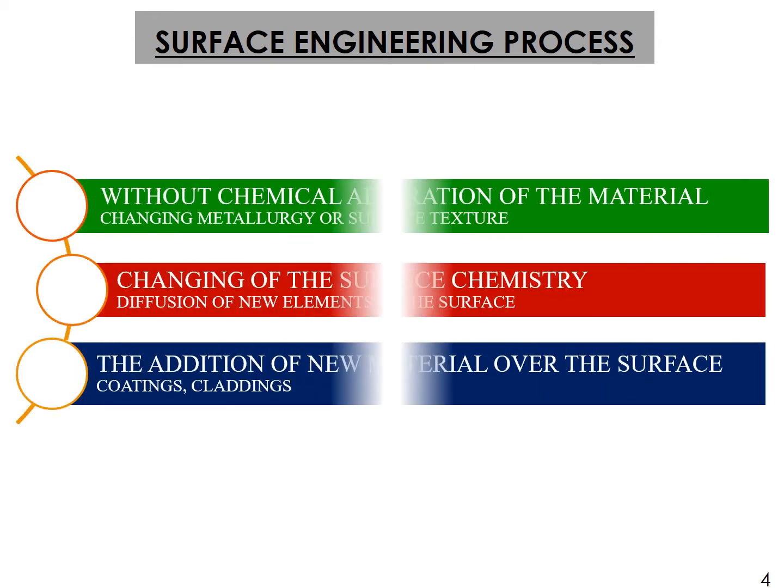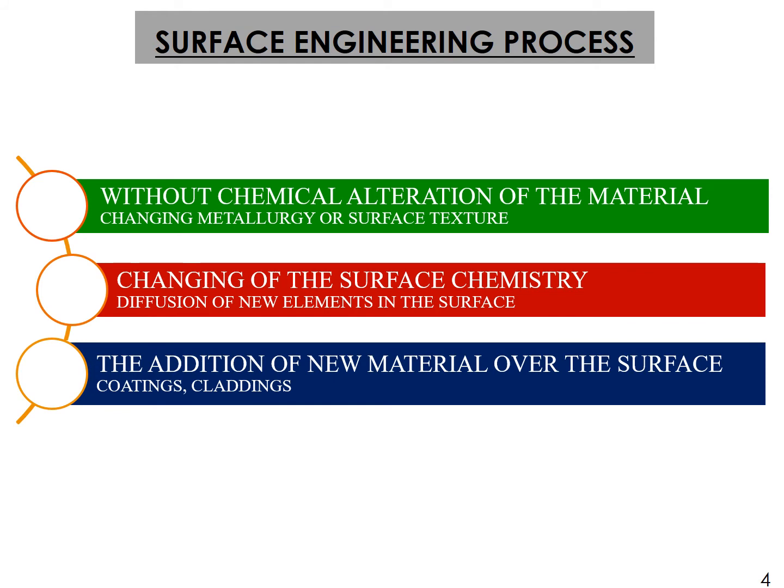Now, some of the processes which have been used to enhance the surface properties have been categorized, and we will discuss in these three classifications. First is without chemical alteration of the material. We don't make any chemical change in the surface of the material, but yes, we do change the property metallurgically or by changing the surface texture in some way. So that's the first classification.